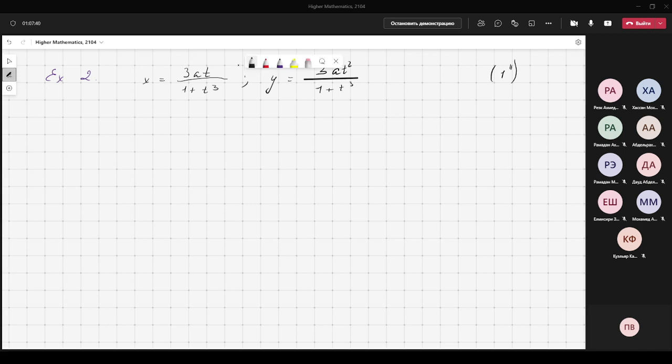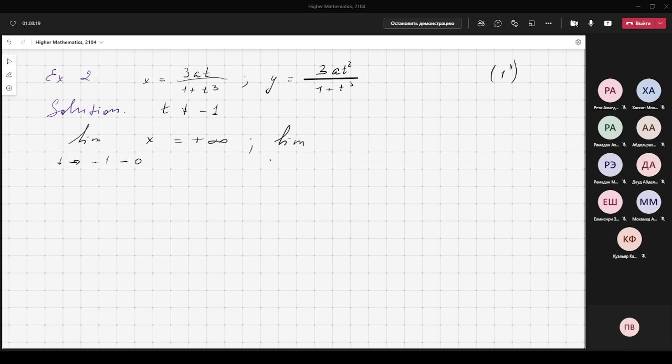Solution. Both functions are defined for all values of t except t equals minus 1. And the limit as t approaches minus 1 minus 0 of x is plus infinity.